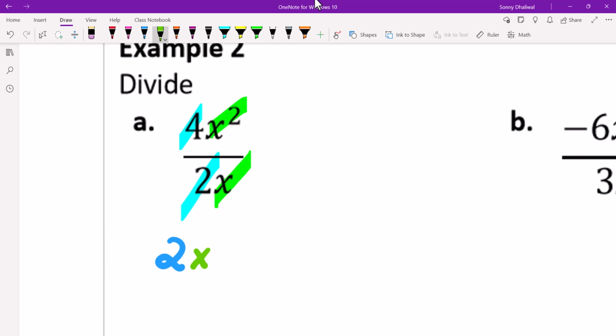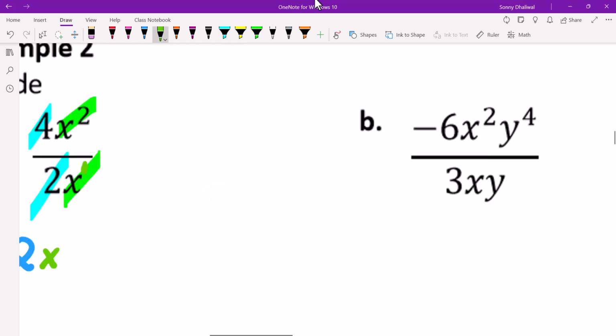What should we get? I think it's x. What's the rule for dividing? What do we do with exponents? Oh, it'd be x¹. So it's 2 and a 1 here, so 2 minus 1 is 1. So you can put the little 1 in there if you like to, which I know some people did in September, but you don't have to. Remember the ones you don't show. So just equals 2x. That's it.